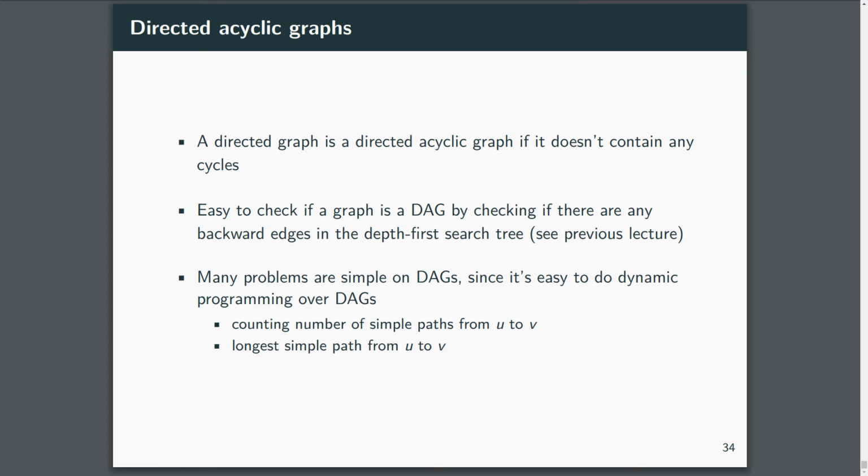Yes, it was not just for the back edges. And that would detect a DAG, yeah? Yeah, if there's a back edge. So if you have something that has a higher order and it's going to a lower order, then that's going to be a cycle.